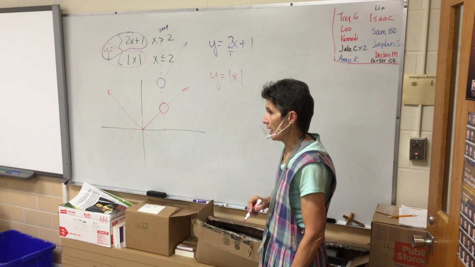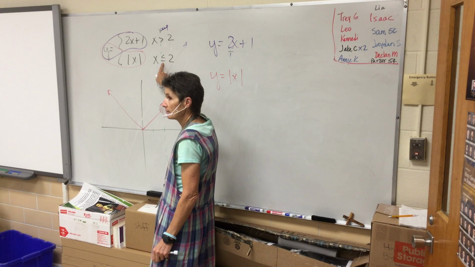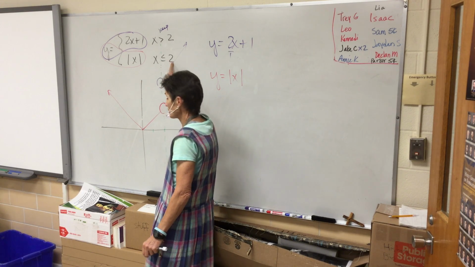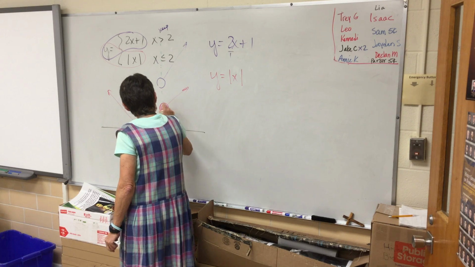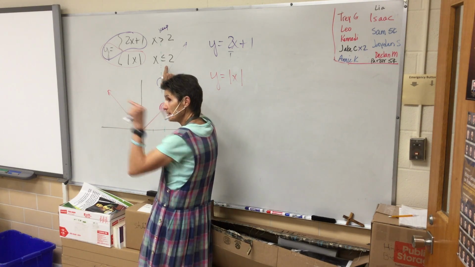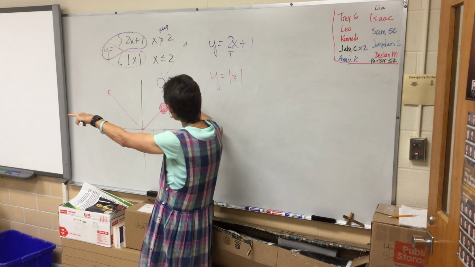Open or closed dot? Look right here. That'd be a closed dot, right? For this function, that's a closed dot. And then which side am I keeping? I'm keeping that side, which means I'm going to erase this side.